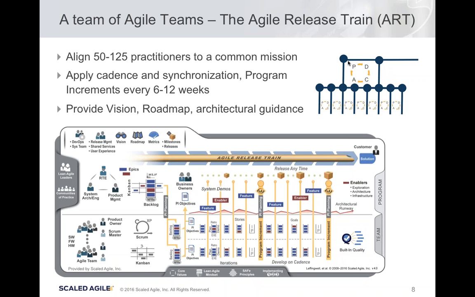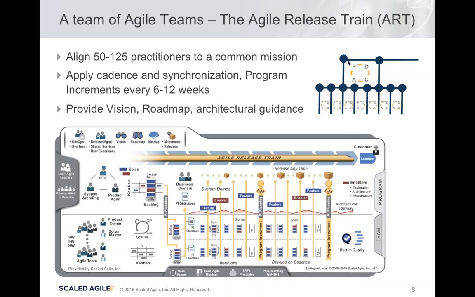But if several teams are working together, then I can get huge benefits from using proven practices in the framework. So we typically have a 10-week cadence on the program level, 50 to 125 people working together, and there's a centralized backlog. We have architectural guidance and vision in place so that we can really get the alignment and maximize our power when delivering our solution.